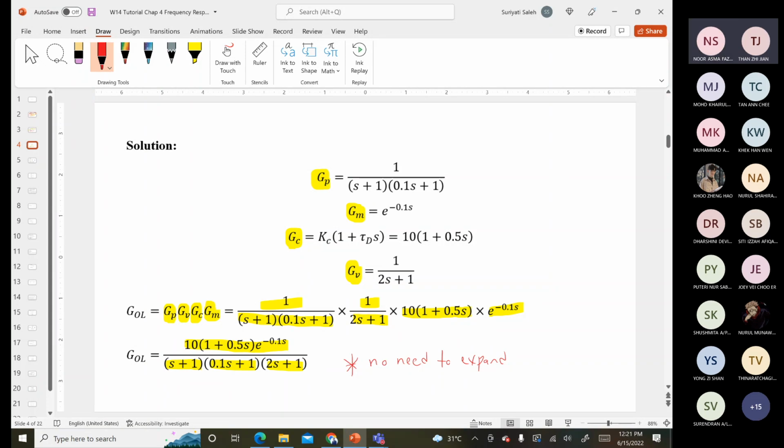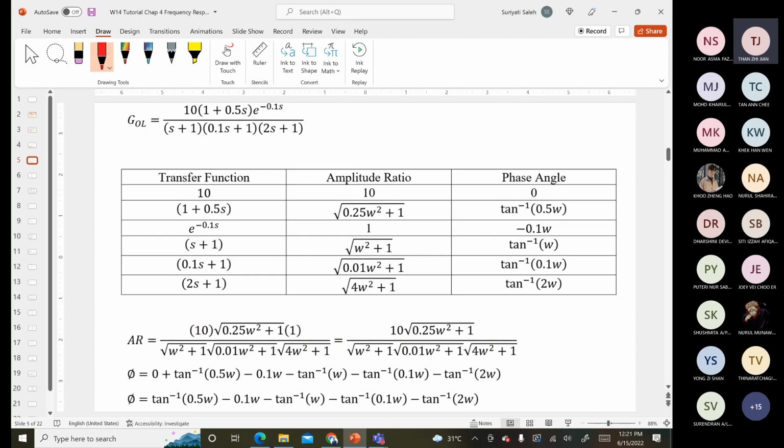So here you have the GOL equal to 10 in bracket 1 plus 0.5s, exponent negative 0.1s. This one is the first term, this one is the second term, and this one is the third term on the numerator. And the bottom part, you have this as term number 4, this is term number 5, and this is term number 6. So you have 6 different terms for frequency response. Based on this, we list one by one.